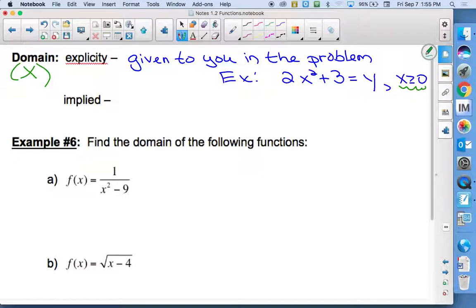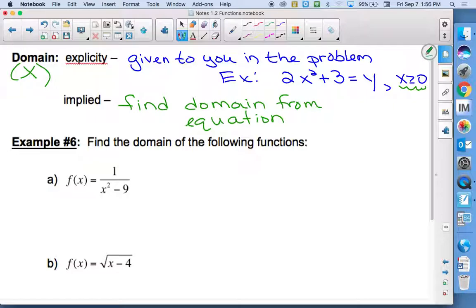If I'm asking you to find the domain and I give it to you, I'm not really telling you to do too much. Ours is usually going to be implied, meaning we have to find the domain or determine the domain from the equation, or from the function. So it's in there, we can calculate it, but we have to remember what you have to do to calculate it.